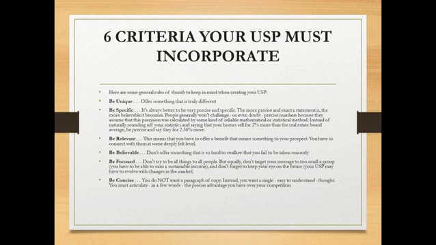You need to have a really compelling answer to this very important question. And you need to be able to articulate your answer in 60 seconds or less. What is it that makes you different and better than your competition?